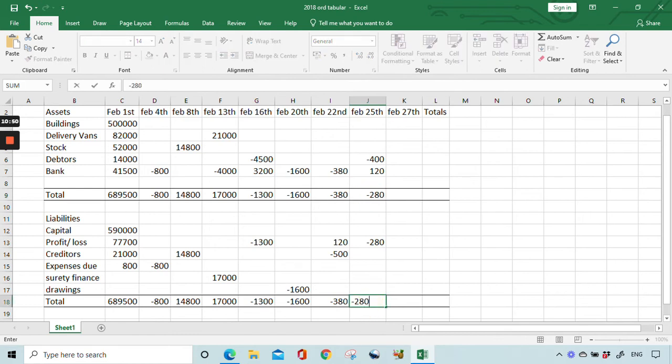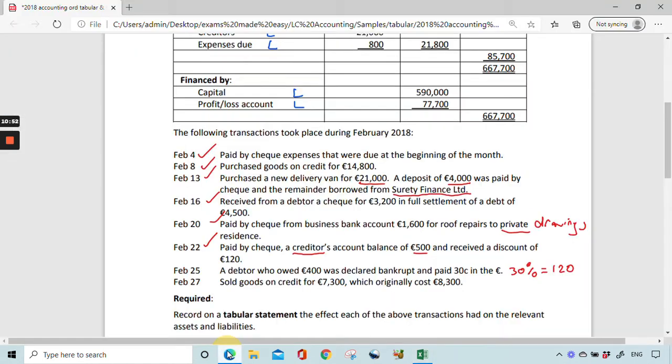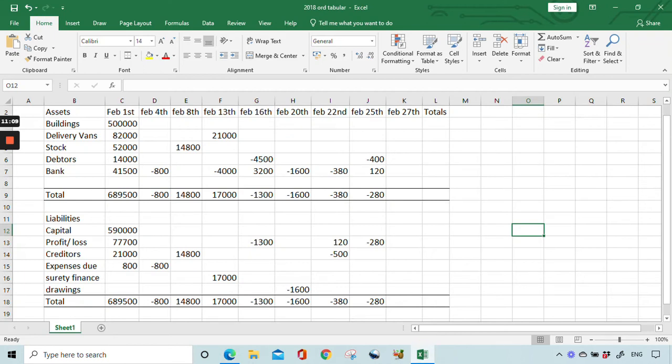Last one, February 27th, you sold goods on credit for 7,300, which originally cost 8,300. So you've made a loss there of 1,000. Fairly obvious. Your stock is going to go down 8,300.